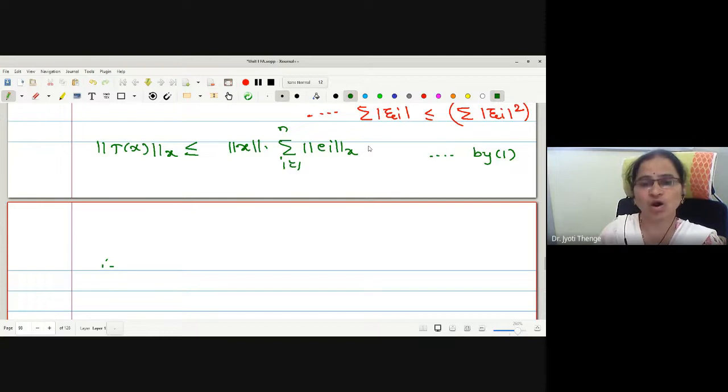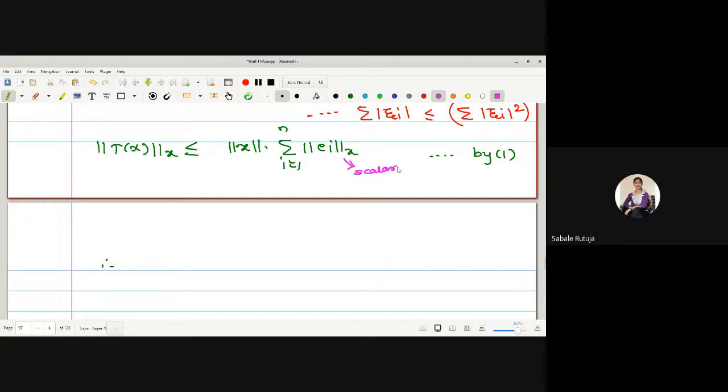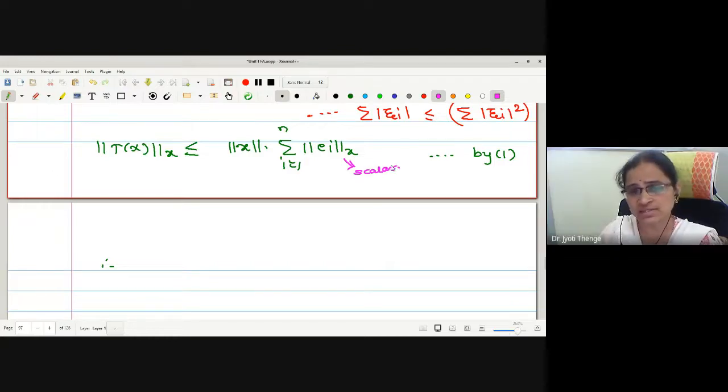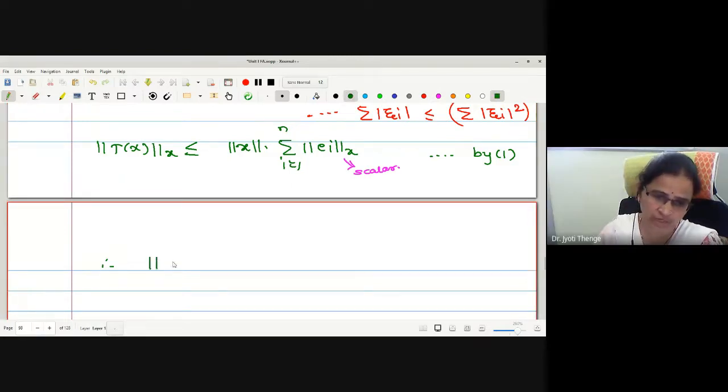And if I find norm x of e i, it is the distance of each and every e i vector from the origin, which is a fixed scalar, right? Yes, ma'am. And what about the sum of n scalars? It will be a scalar again. So let me keep this as a fixed scalar, say capital M.